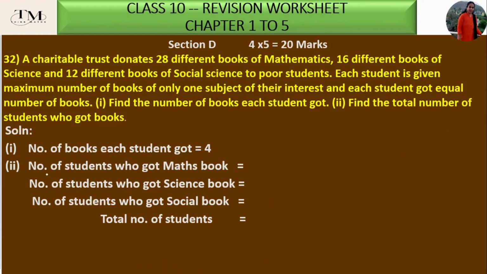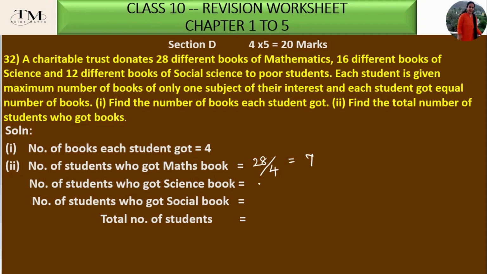Now, totally how many maths books are there? It is equally divided by 4. So we divide 28 by 4 to get the number of students who got maths books, which is 7.